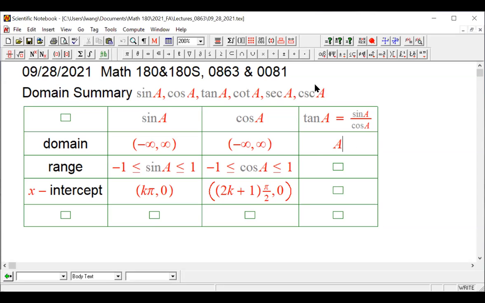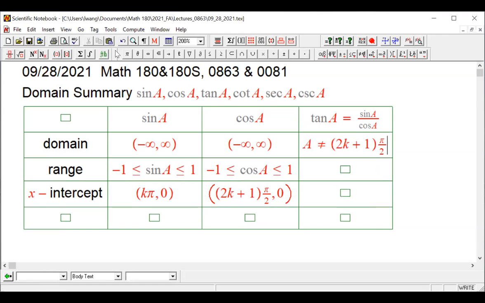So A can be any real number except whatever makes cosine equal to 0. Do you hear that logic? Once you understand that logic, do you have to memorize much? You don't have to memorize these things. I never have to memorize these things.